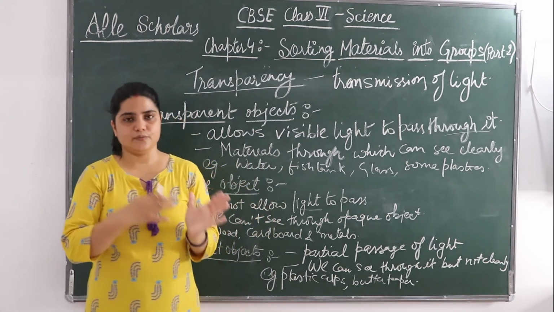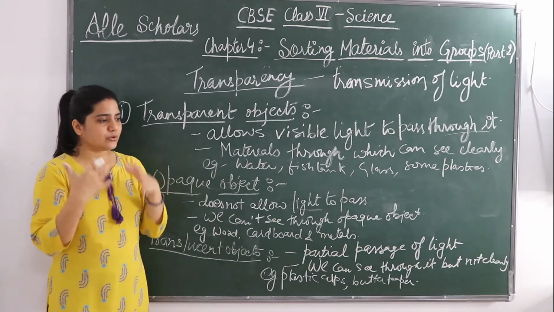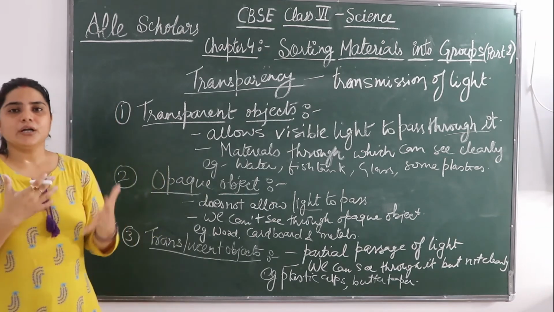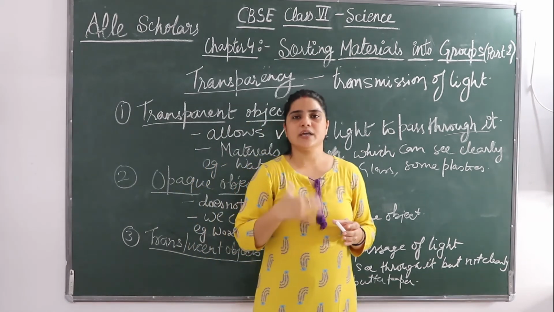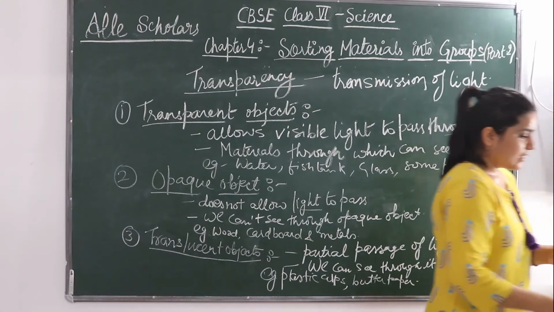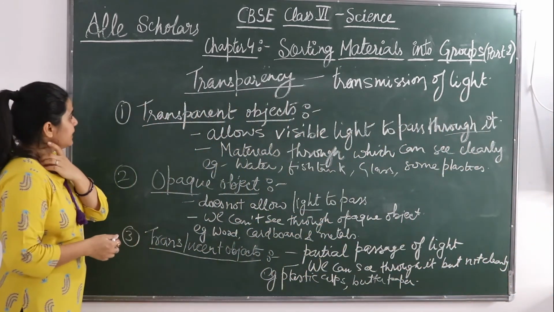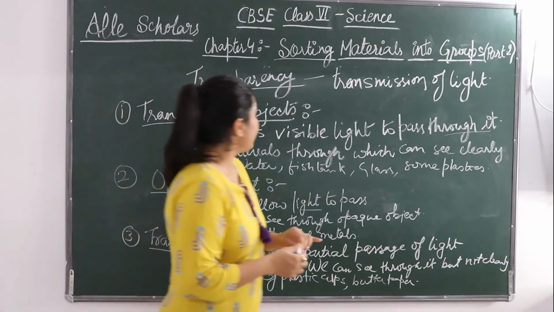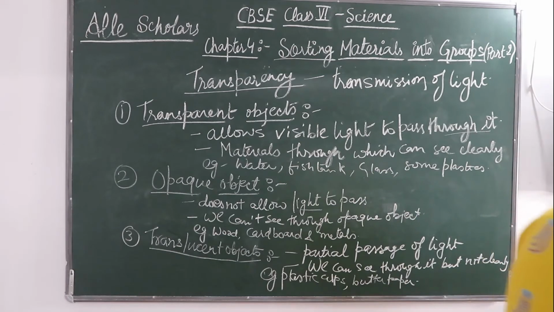Before it was not very clear, but now you can see, though not as clearly. So they are not clearly visible. So we have seen transparency. On the basis of transparency, we have categorized objects in 3 categories.